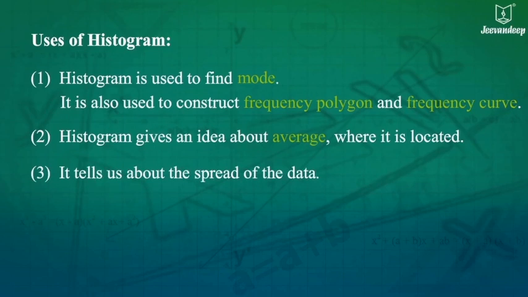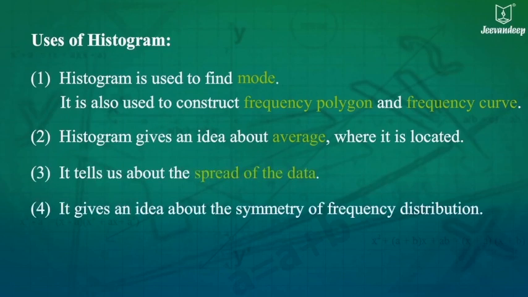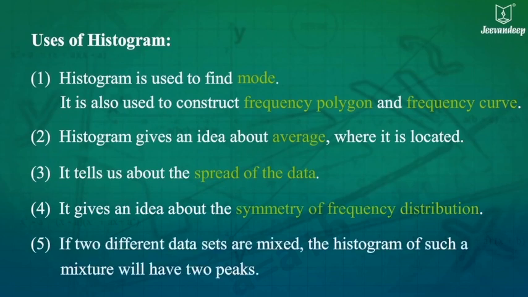It tells us about the spread of the data. 4. It gives an idea about the symmetry of frequency distribution. 5. If two different data sets are mixed, the histogram of such a mixture will have two peaks.